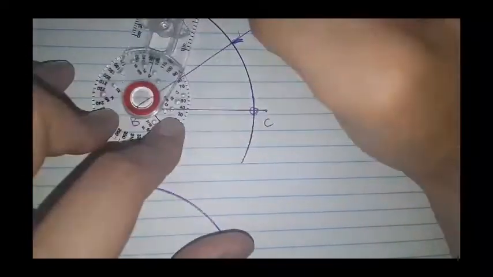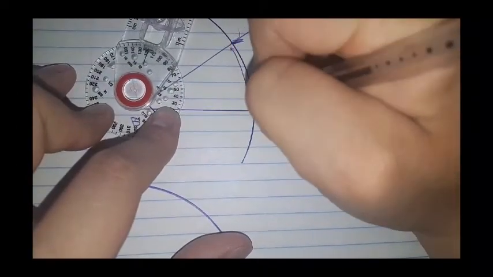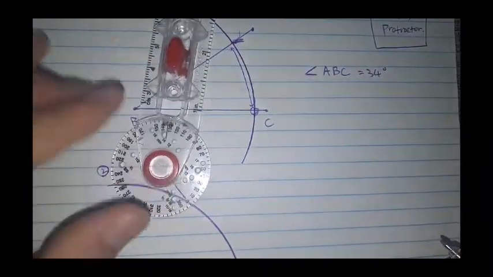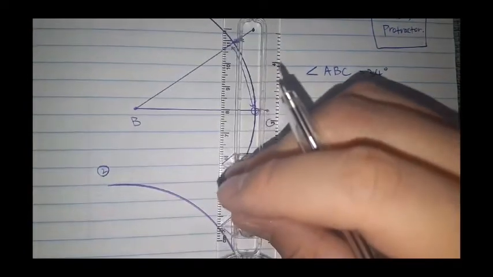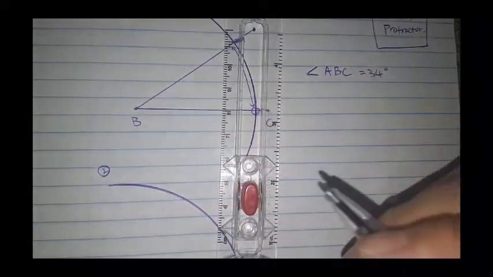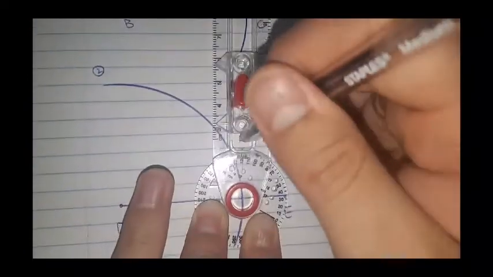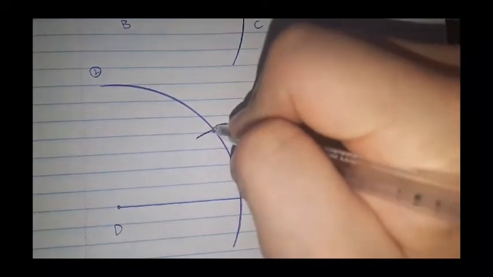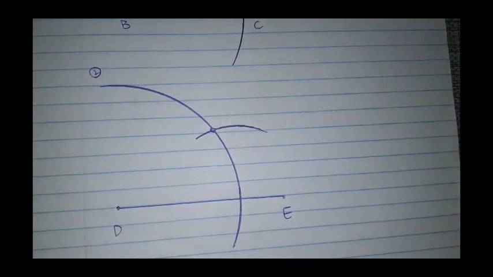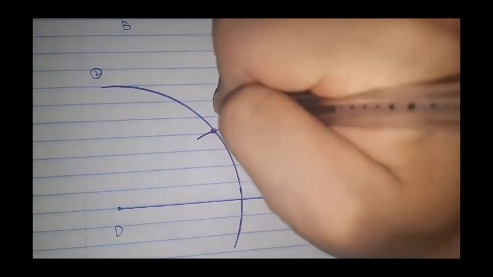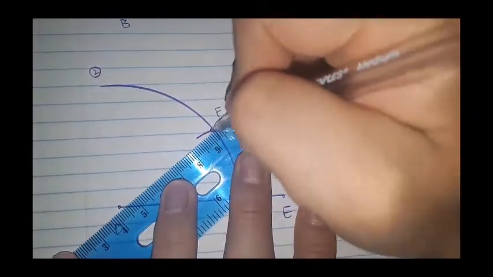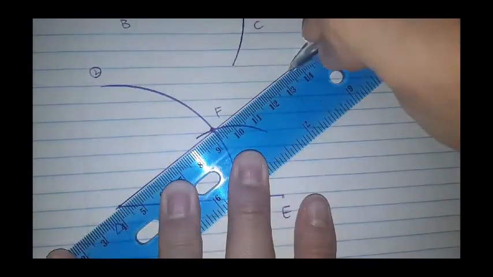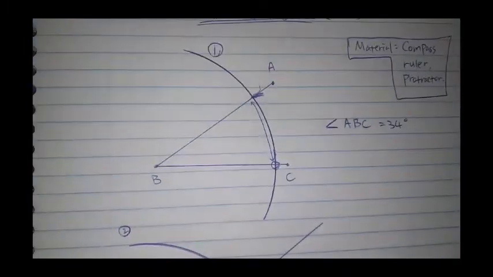You remember the distance between here and there. Once you find that, that's our last step. Remember that distance and create another arc. I now have a dot, which I'm going to call F, and now we can just connect them together.